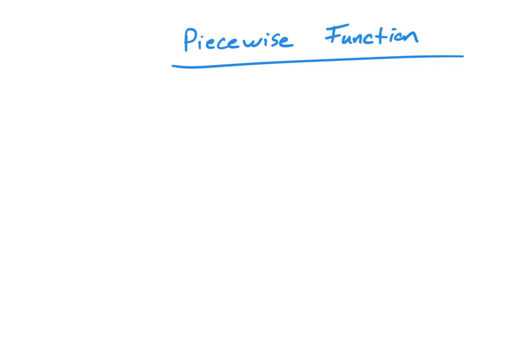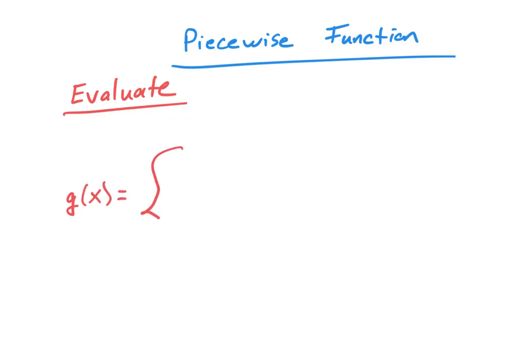The first thing that we're going to talk about is how to evaluate a piecewise function. So I'm going to give you an example of what a piecewise function looks like. It looks kind of different. We're going to have a bracket putting this function all into one big set.